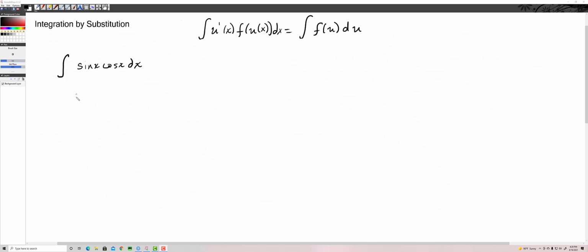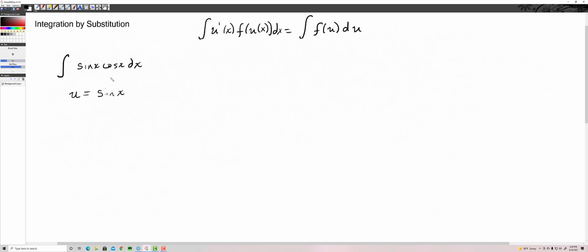Okay, what I'm going to do is I'm going to call one of these u. And it turns out in this case it doesn't really matter which one I call u. Here's why. Let's just pick sine, and then maybe I'll try it the other way. So let's say that u is sine of x. Okay, so here's my u.